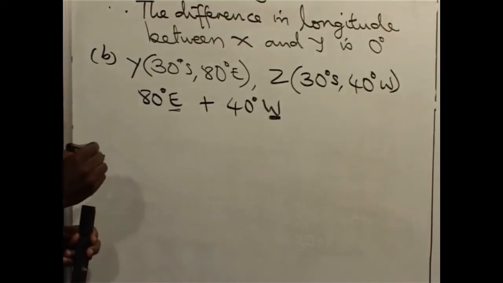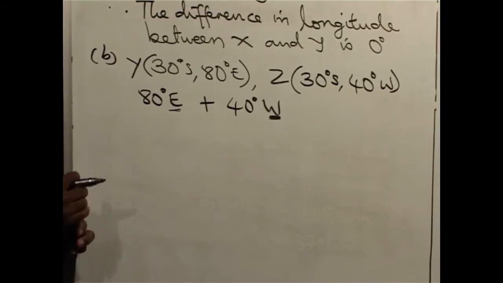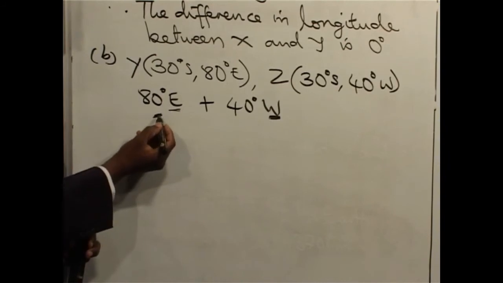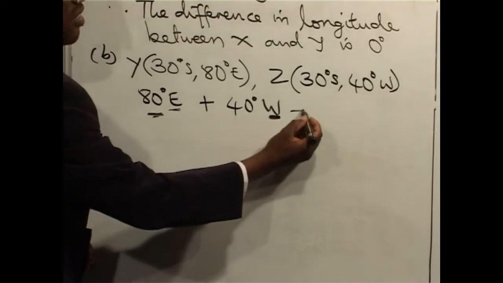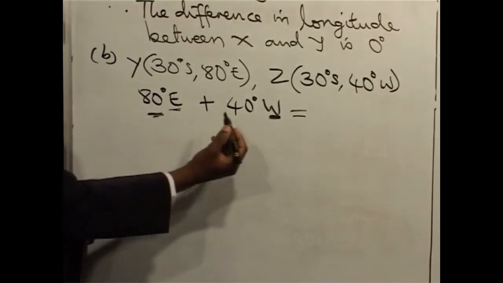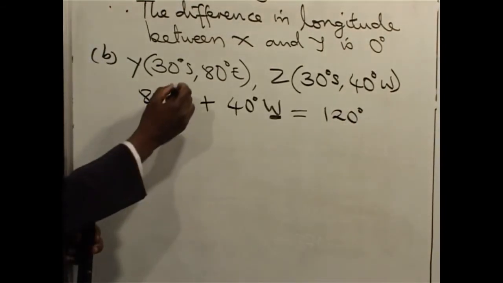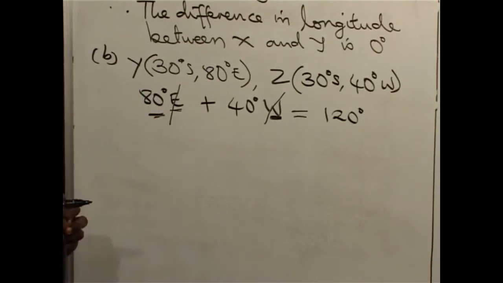But always remember that when we are finding the difference, we will not have the direction to say this is east or west. So our focus will be on the actual degrees. So when we are adding, we will look at the 80 degrees as well as the 40 degrees, in order to get 80 plus 40 to get 120 degrees. The east and the west are not part of the difference in terms of their longitudes.